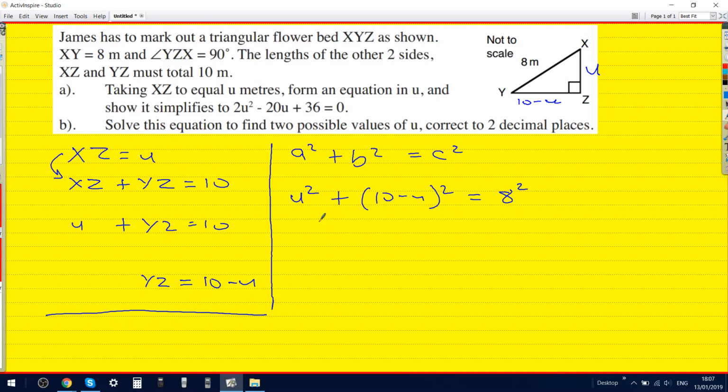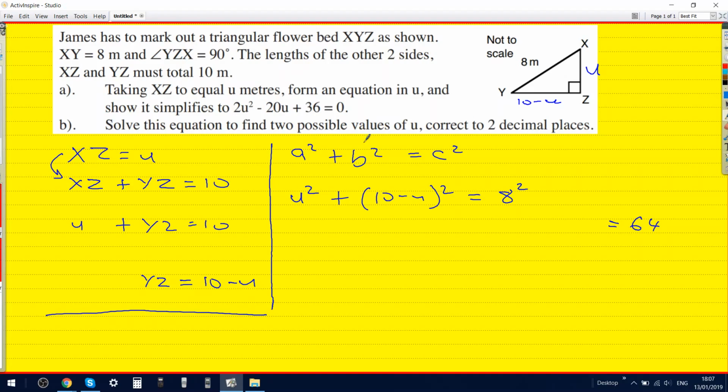So how would you simplify that? First of all, by making 8 squared 64. After that, I'm not sure. Expand the square bracket. Would you know how to do that? Oh yeah.